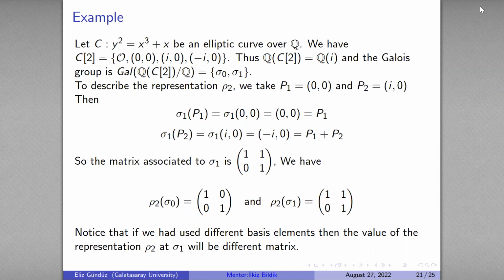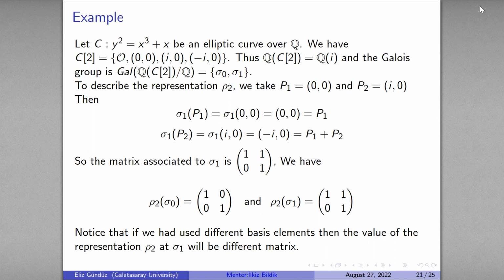So to describe the representation, we fix our basis elements like we did before. We fix P1 like this and P2 like this. Since sigma 1 is the complex conjugate, sigma 1 of (0, 0) will be equal to this. And the complex conjugate of (i, 0) will be (-i, 0), which will be equal to this.